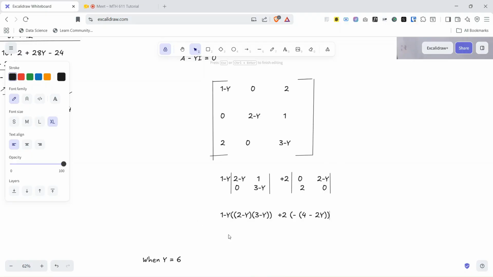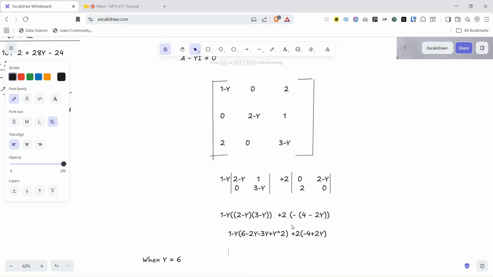So this would be 1 minus lambda into 6 minus 2 lambda minus 3 lambda plus lambda square, plus 2 into minus 4 plus 2 lambda.